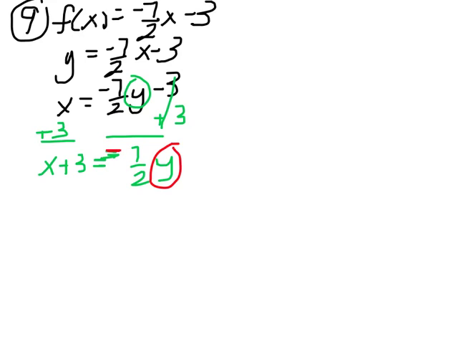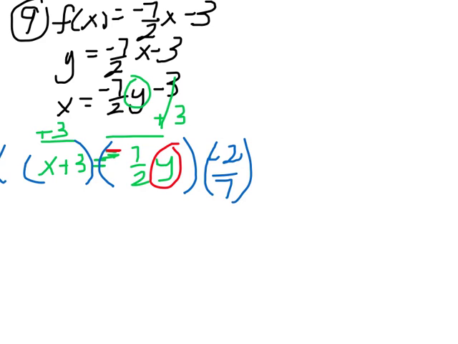Okay, if I'm going to get y by itself, how do I get rid of that negative 7/2 in front of that y? Multiply by? Negative 7/2. Don't we have to do the reciprocal to get rid of it? Because we want it all to cancel out and be 1y, right? So we could divide by negative 7/2, or we multiply by the reciprocal. Yeah, you're right when you say multiply. We just need to do the reciprocal, because our purpose in doing stuff is to get it to disappear off one side and get on the other.